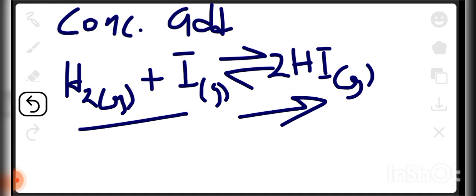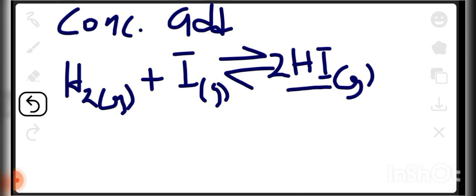Just take note of that first. So that means if I add hydrogen iodide, the equilibrium position will shift to the left. If I add either hydrogen gas or iodine, because they are the reactants, the equilibrium position will shift to the right hand side, which is the product.